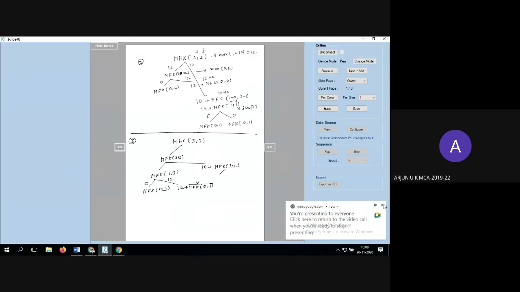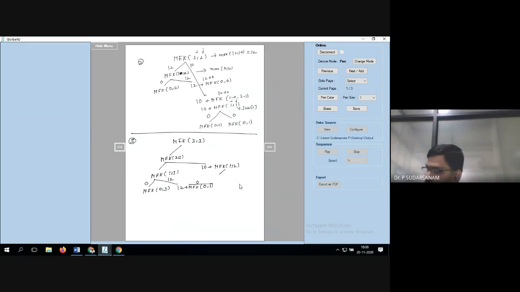Arjun, sir, loop, sir, 0 comma 2 again it will go? No, there is no disturbance.